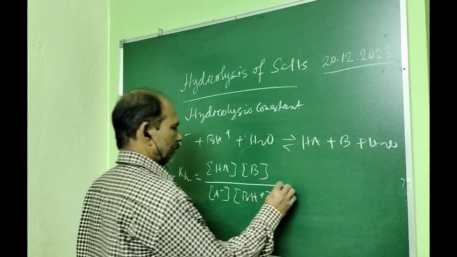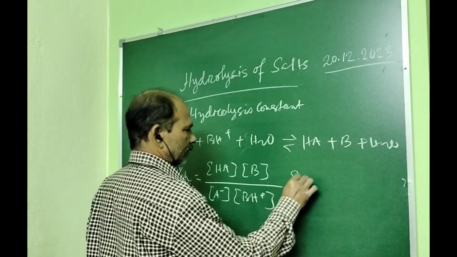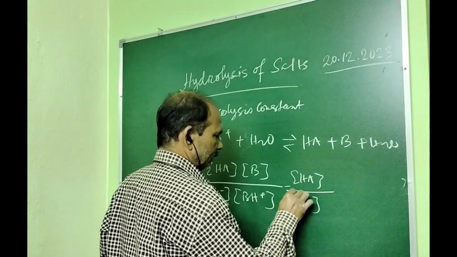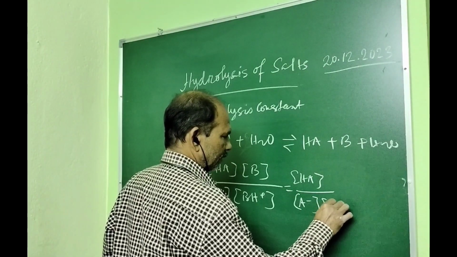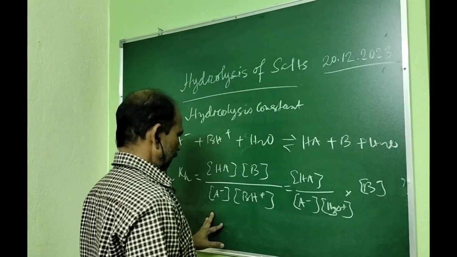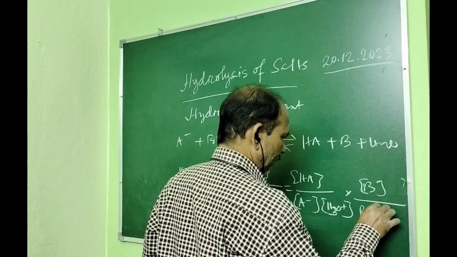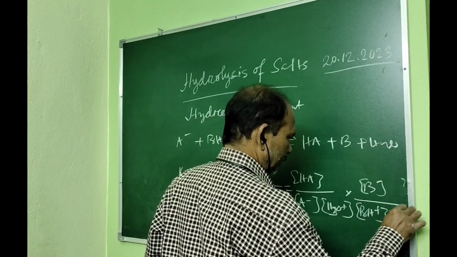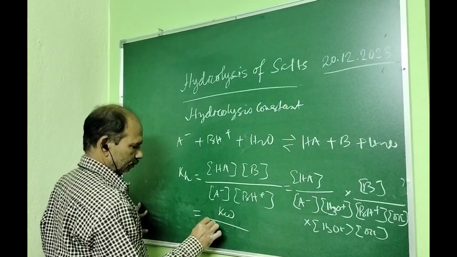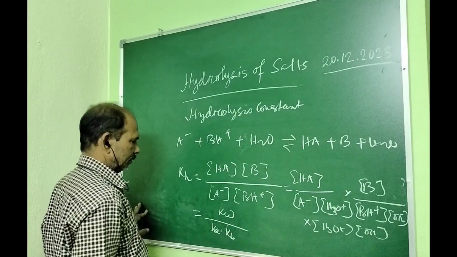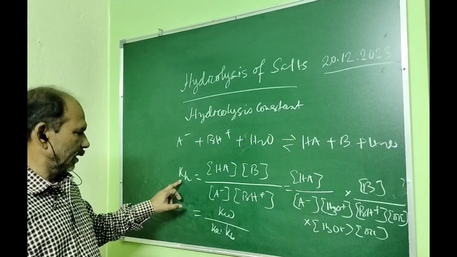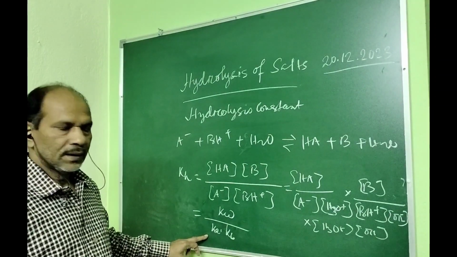Multiplying by H plus and OH minus, this equals concentration of HA divided by A minus into H plus, into B divided by BH plus into OH minus. So we ultimately get Kw by Ka into Kb. So for any such salt, the hydrolysis constant Kh equals Kw by Ka into Kb.